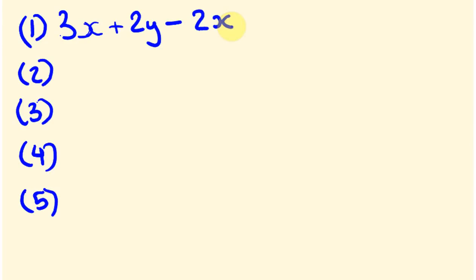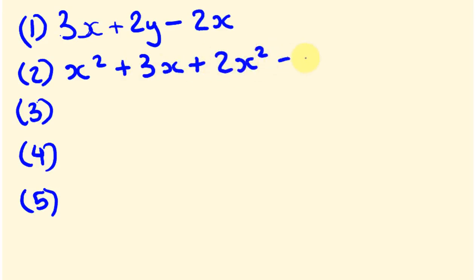Well, we'll go x squared plus 3x plus 2x squared minus y. Okay, what about this one here where we'll go, what is 3x times 4y?